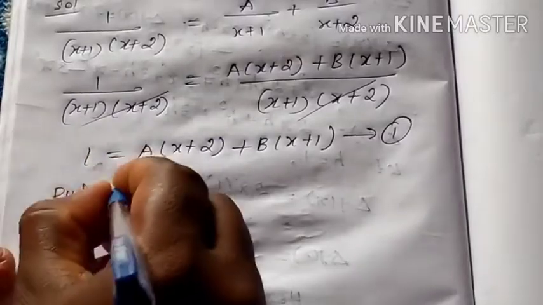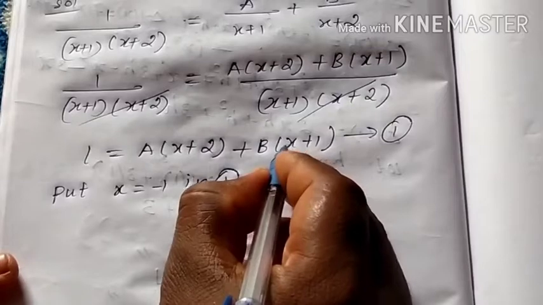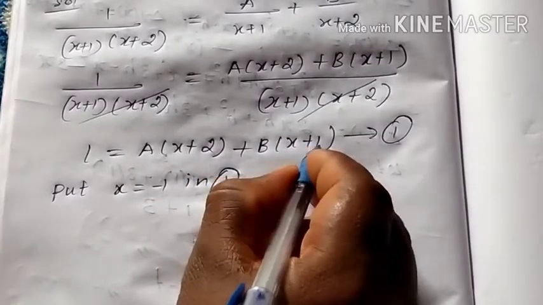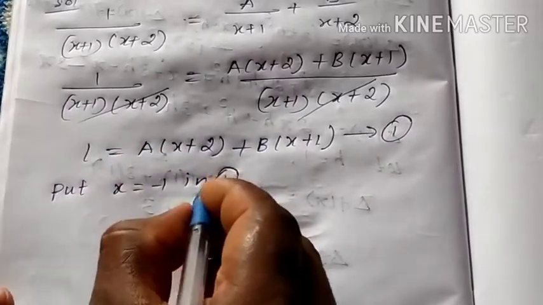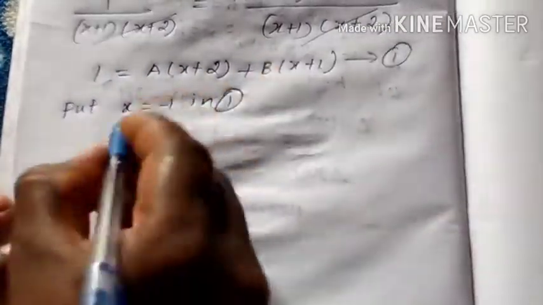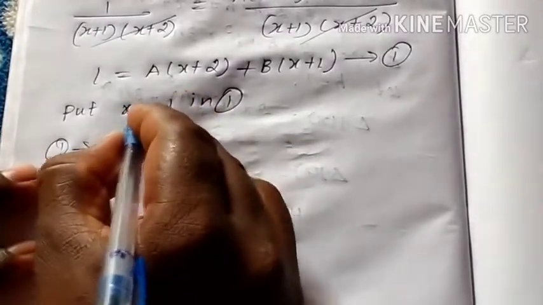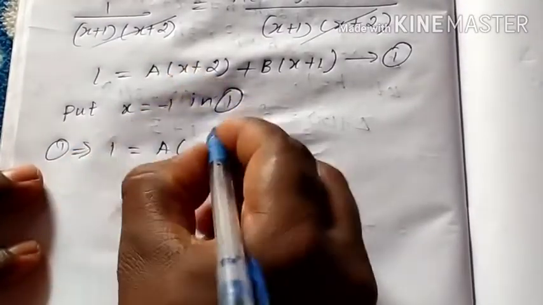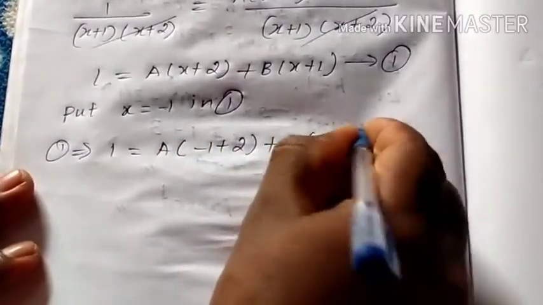Then put x is equal to minus 1 in 1. If you put x is equal to minus 1, the b value is 0, so then we get value of a. Okay, so 1 equal to a into, now x replacing by minus 1, so minus 1 plus 2 plus b into minus 1 plus 1.